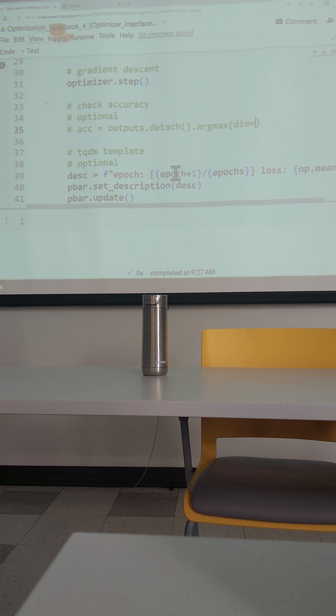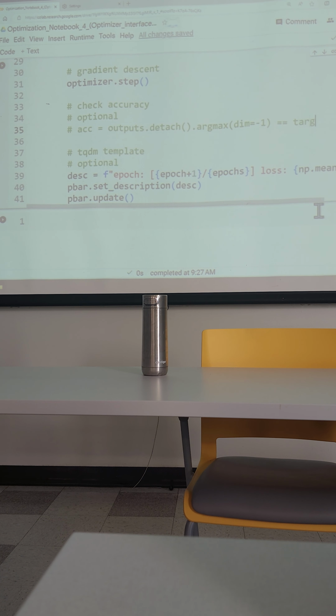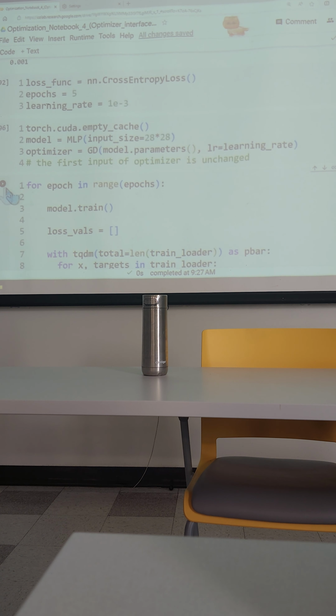So this gives us this, and then equal targets. It's for you to decipher my code here, but let me just write one line. This is how we compute accuracy. So let's run this cell.